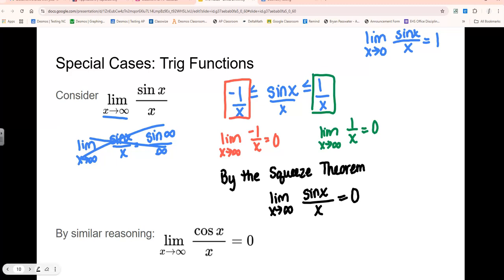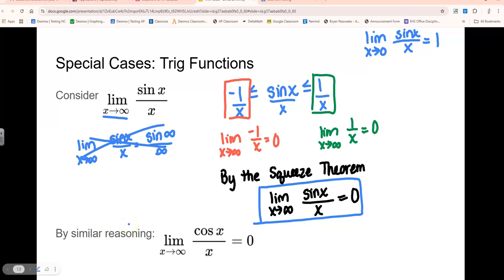So this is a fact that we can have memorized. To me, it's pretty easy to see why this is the case, because sine is always between -1 and 1. It's always a very small value, right? It goes back and forth, but it's always a very small value. So as the bottom of this fraction gets bigger and bigger, you've got something small over something bigger and bigger, and that's going to approach 0.